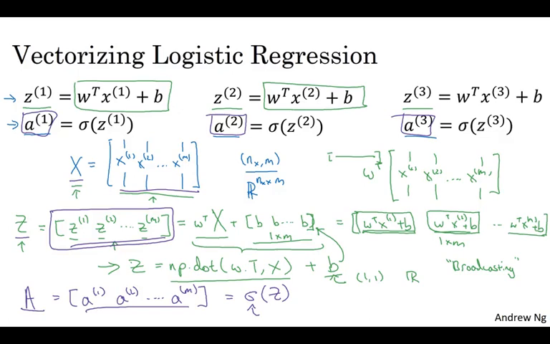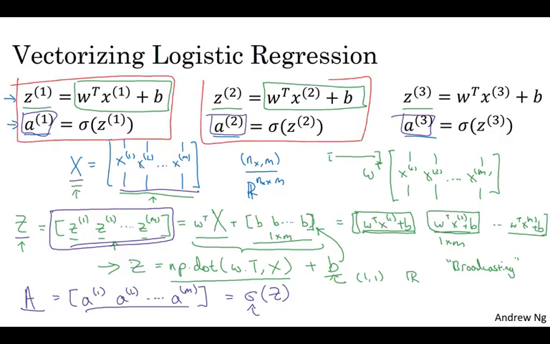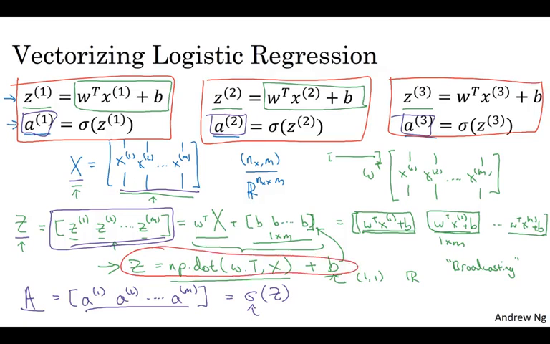Just to recap, what we've seen on this slide is that instead of needing to loop over m training examples to compute lowercase z and lowercase a one at a time, you can implement this one line of code to compute all the z's at the same time, and then this one line of code with appropriate implementation of lowercase sigma to compute all the lowercase a's all at the same time.